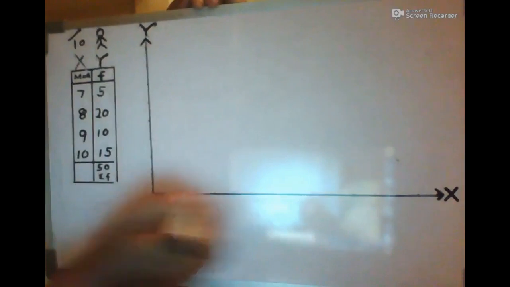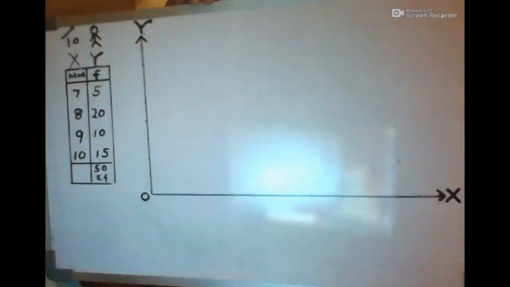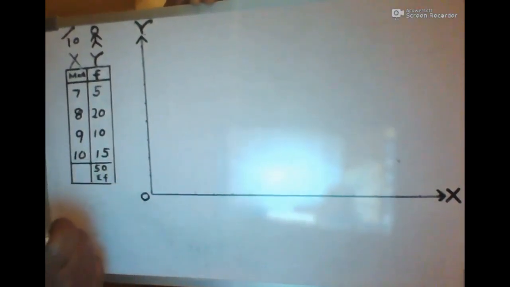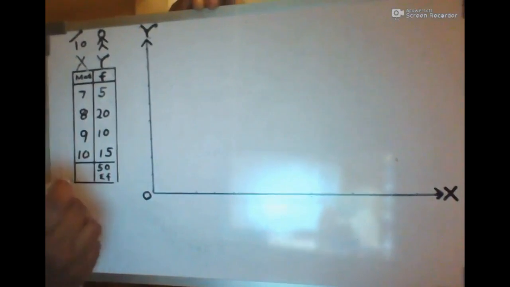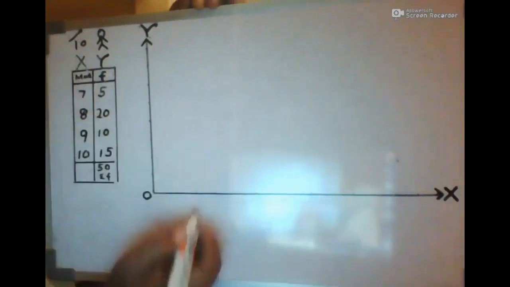Now here in this graph, this is the origin, 0, right? You have to put like this. Then this is our x-axis, so here are the marks.